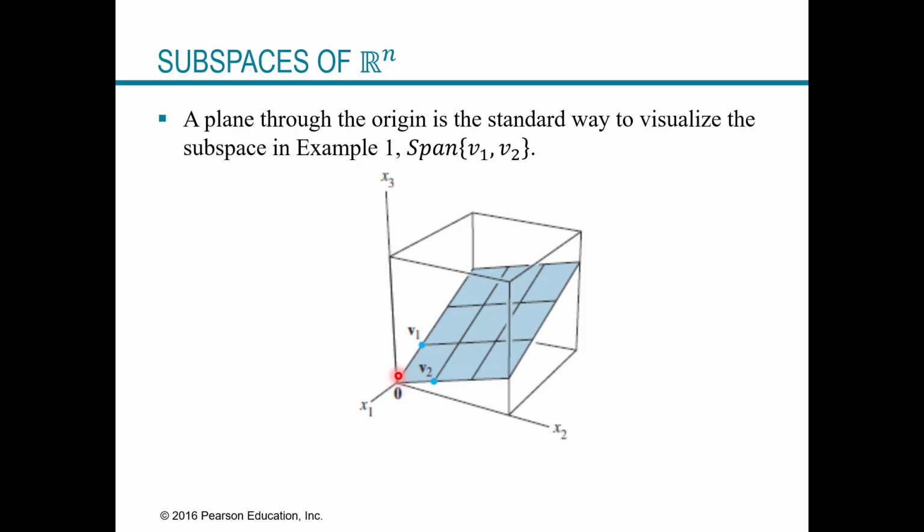For example, we could say something like 3v1, which would get us up here, plus 1v2, which would put us here. So that exists in our plane, which is a visual for our subspace. That vector 3v1 plus v2 would be this one right here, from the origin to right here.